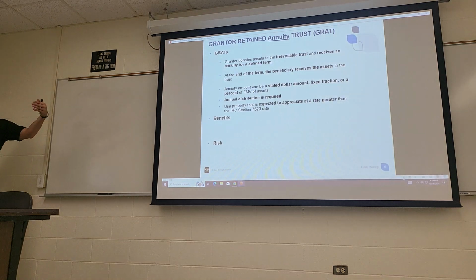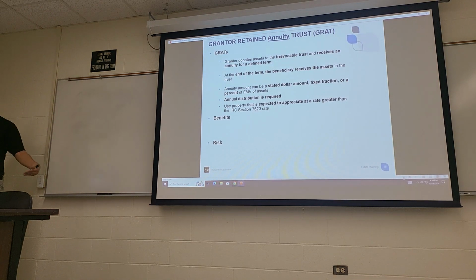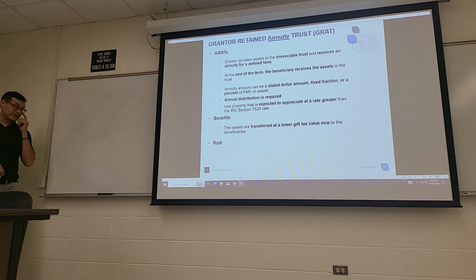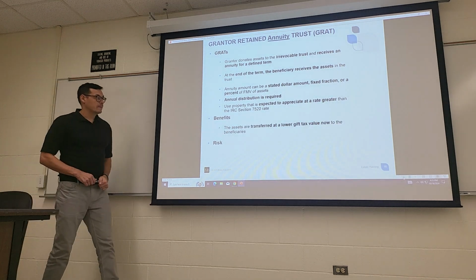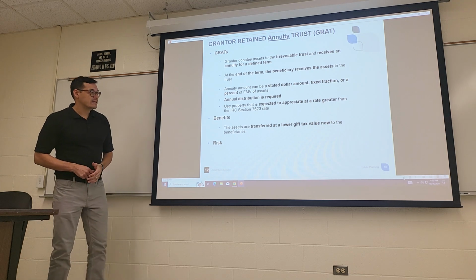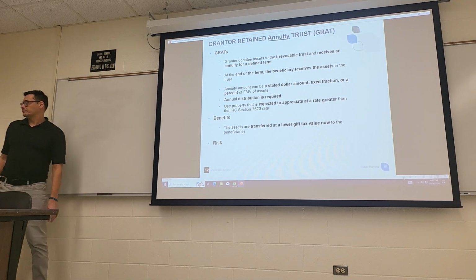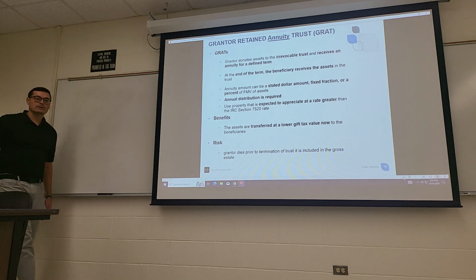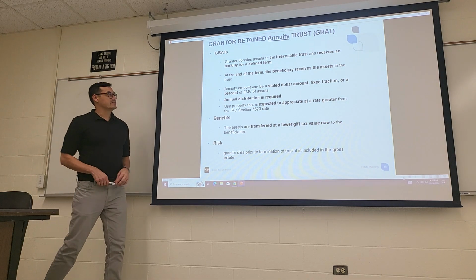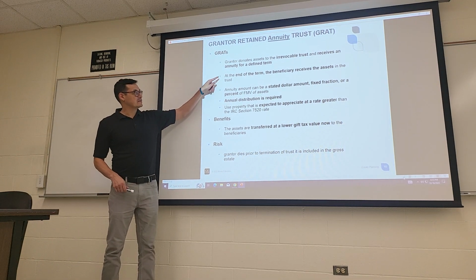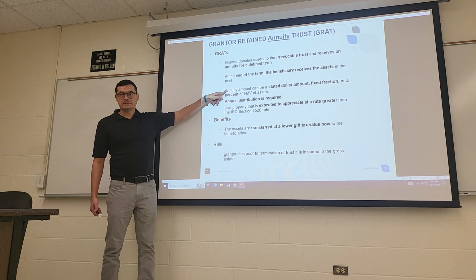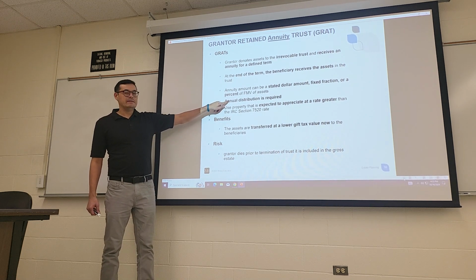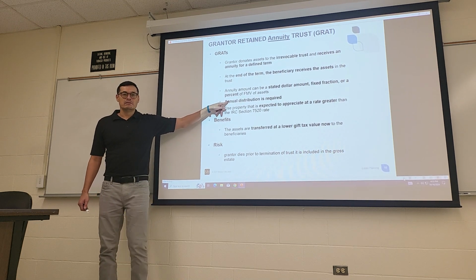That way you're removing appreciating property faster than you would be just through an installment sale. Same benefit. All the assets are transferred at lower gift tax value now. Same risk. The big difference here is there's an annuity based on a specific something, and the annual distribution is required.